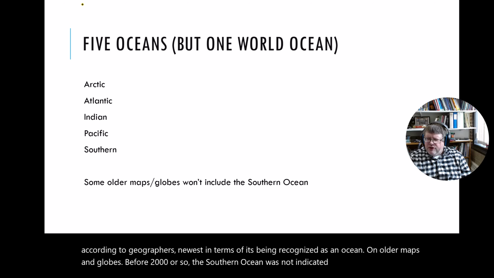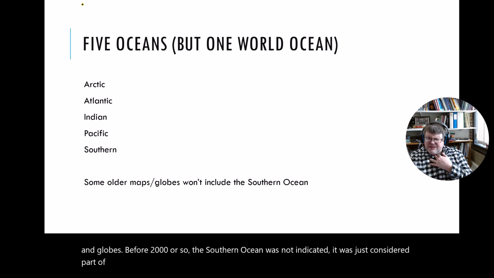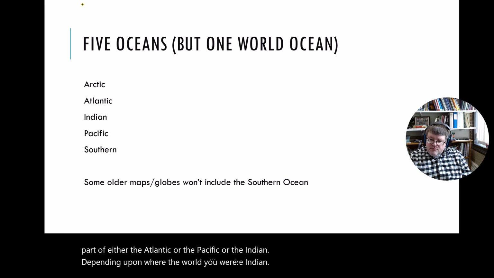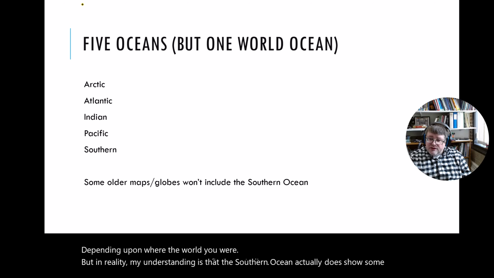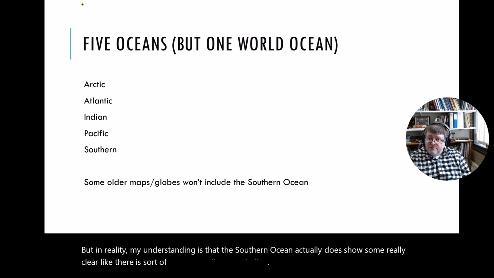It was just considered part of either the Atlantic or the Pacific or the Indian, depending upon where in the world you were. But in reality, my understanding is that the Southern Ocean actually does show some really clear ocean boundary because it has to do with how waters flow and currents and stuff like that. So there is now considered to be a Southern Ocean.